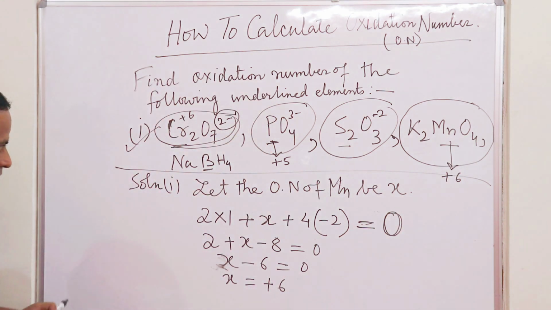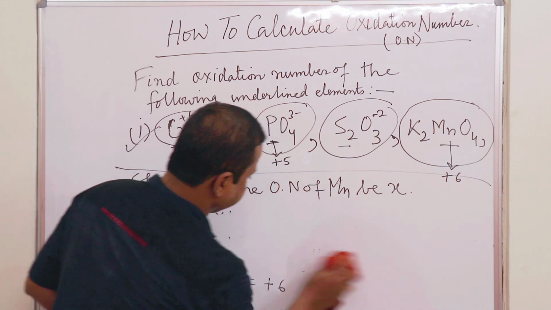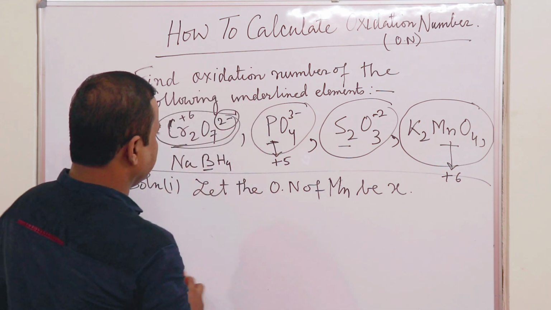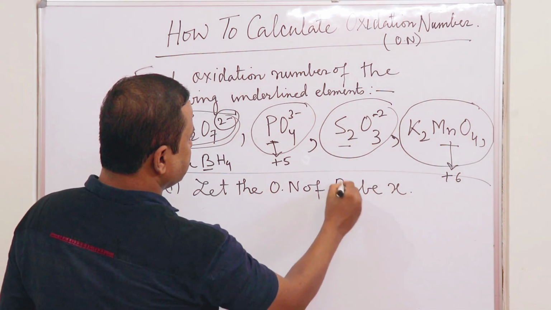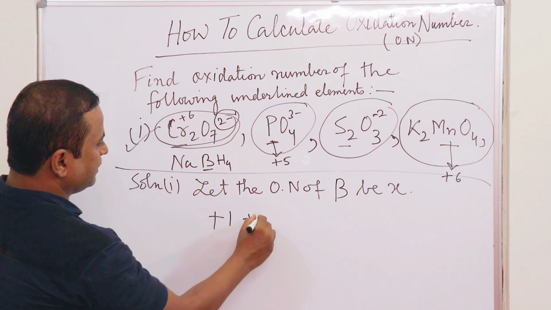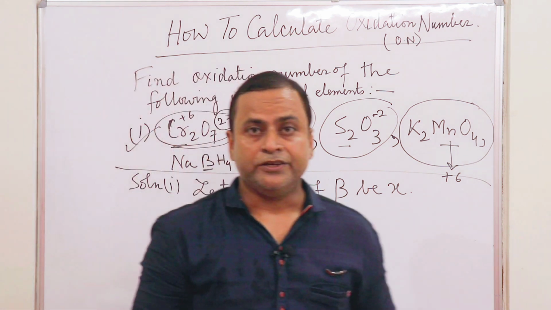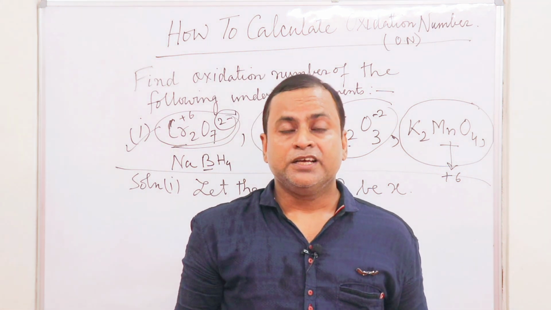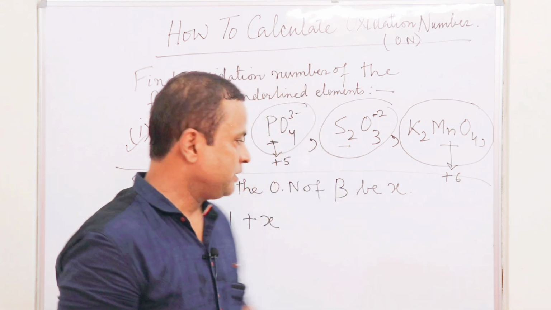The last question that I have taken is sodium borohydride. So let's calculate. Let the oxidation number of boron be x. Sodium is +1, boron we have taken as x, and it is sodium borohydride. For hydride we have to take the oxidation number of hydrogen as -1. This we have to remember.